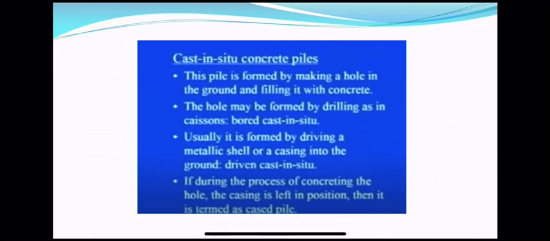In the case of a bored cast in situ pile, the hole is formed by drilling; you simply go on drilling, take out the material, and the hole is formed in the ground. In a driven cast in situ pile, the borehole is formed by driving the casing, and you take it out, and that way the void or borehole is formed.